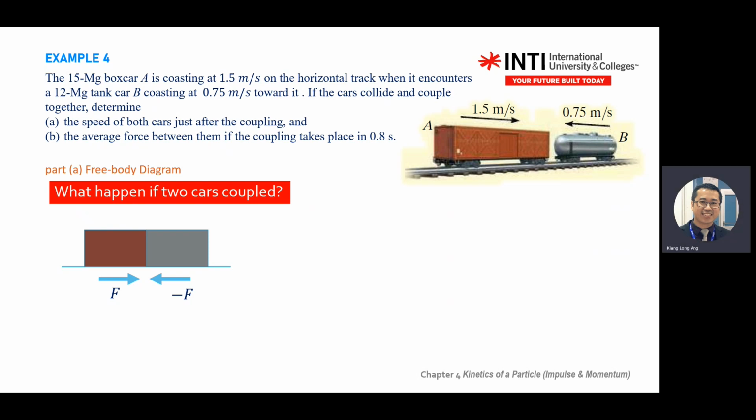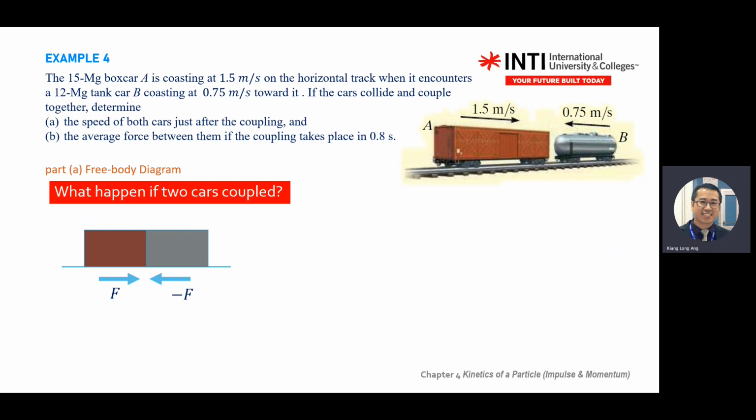What is F dt? Impulse, right? This one you focus on all the forces that you have in your free body diagram. Here you have the integral of minus F dt plus the integral of F dt. What do you get? When you get 0, what does the equation become? Conservation of linear momentum.